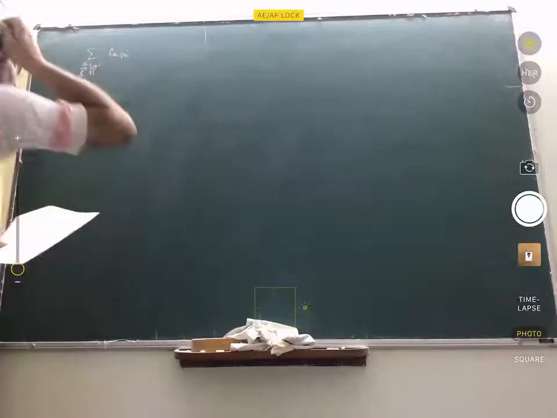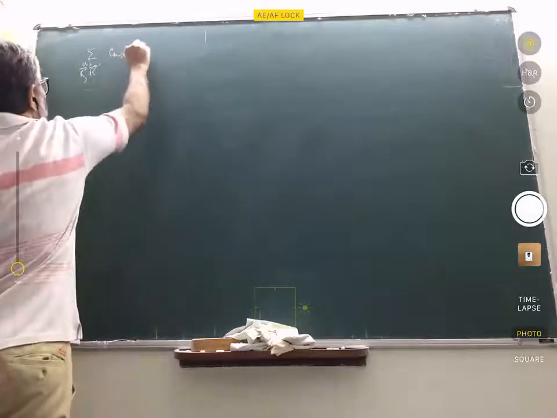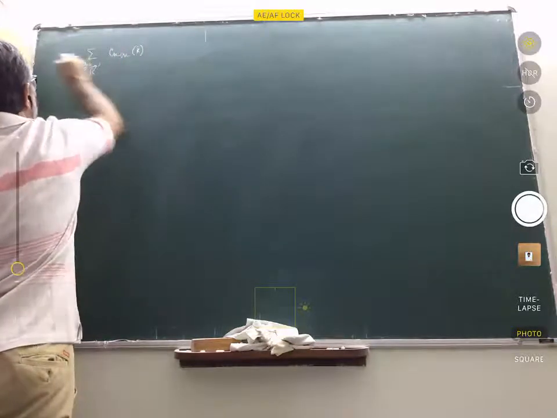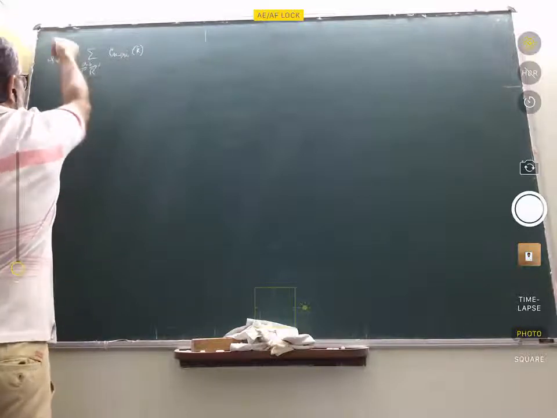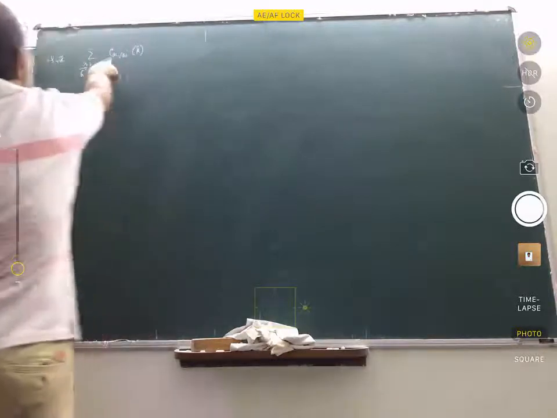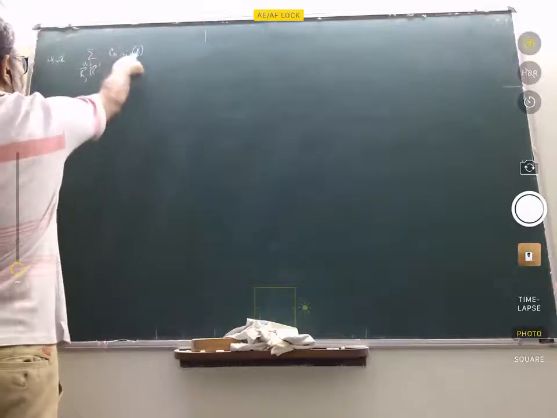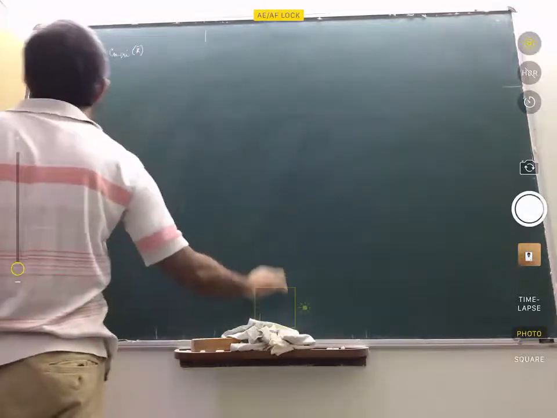So actually, this C nAI, the way I have expanded psi nk, will also have a k index here, because it depends which psi nk I'm expanding. For different k's, just as for different n's, these coefficients will be different. For different k's also, these coefficients will be different.